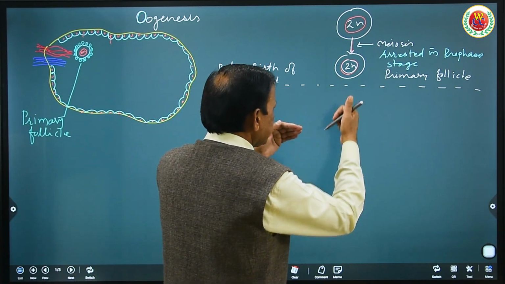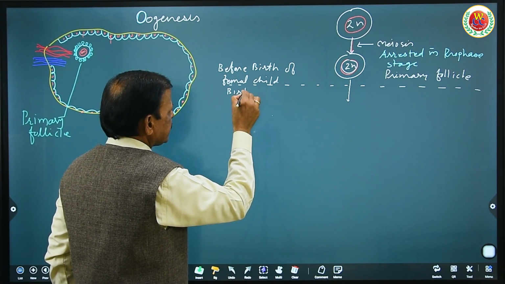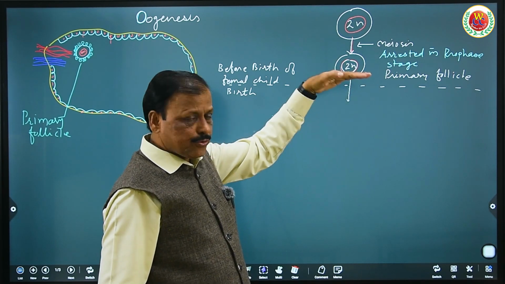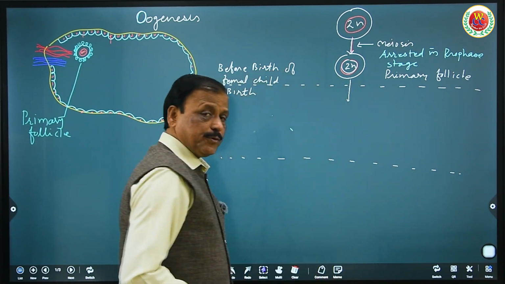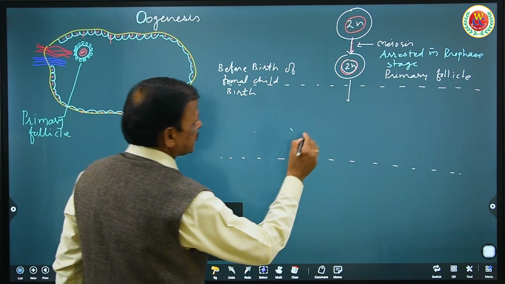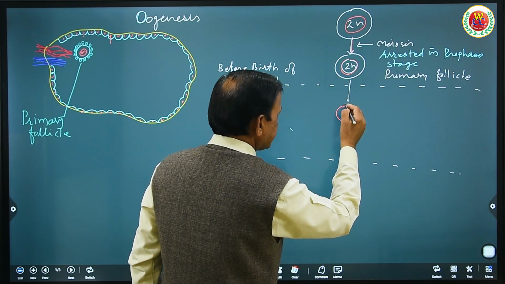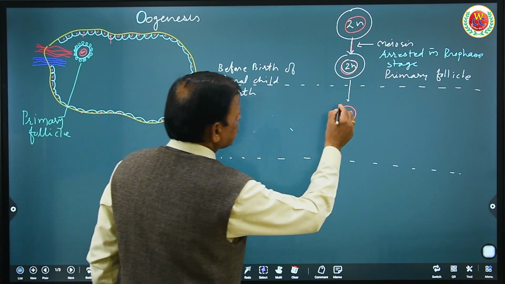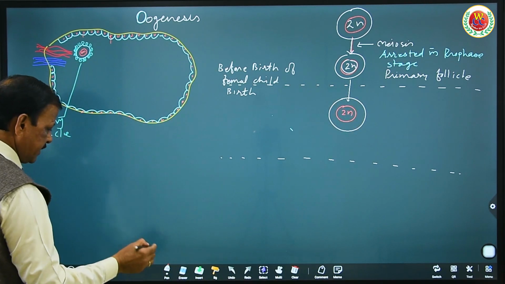Now after birth, the primary follicles continue to remain as they are up to puberty, before ovulation and first menstruation. That is when they become secondary follicles. That means the nucleus with the primary oocyte itself has, this is the primary oocyte, but here it becomes a secondary follicle.